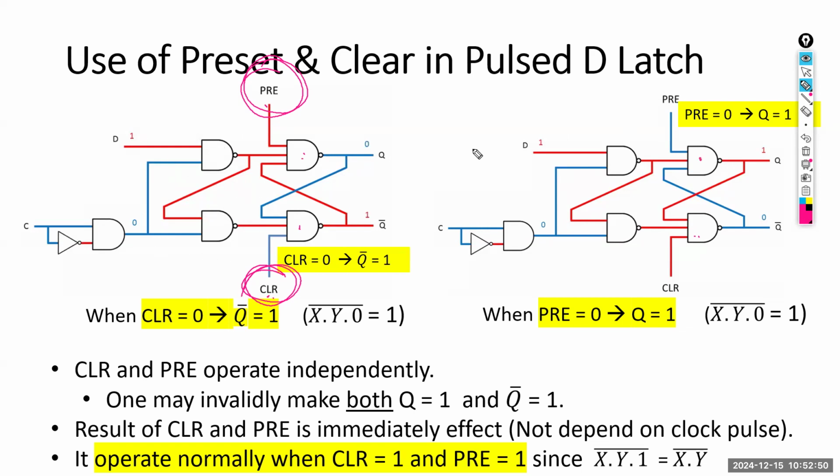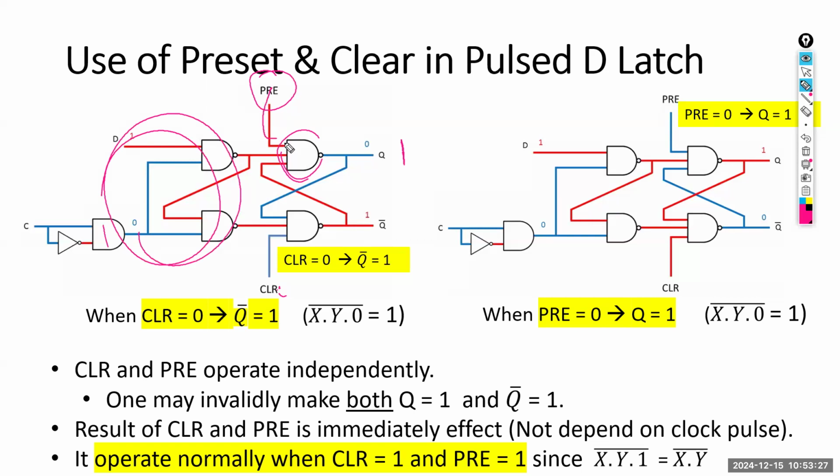The idea is, if you make preset 1, it acts normally. For clear 1, it's normal. But if you want to make Q 1 without bypassing all these things, because you can see this is directly connected here, what do you need to do?